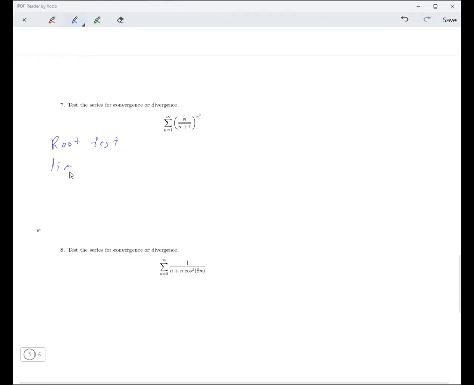You have the limit as n goes to infinity of the nth root of the absolute values of the terms, which in this case is going to be all that. And the nth root is the same as raising it to the 1 over n.